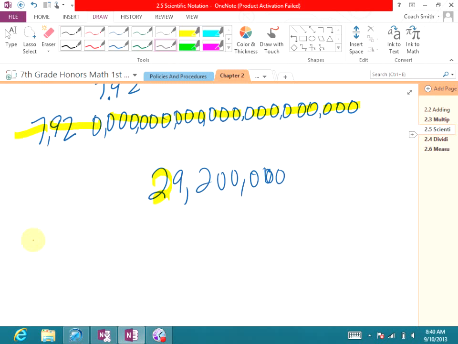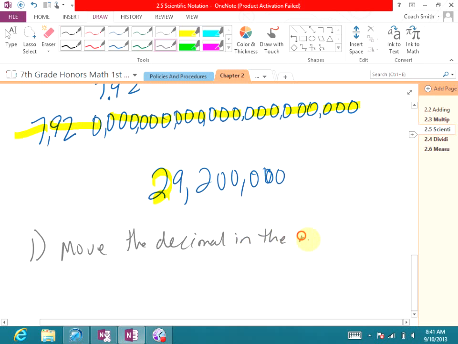Your first step to change it to scientific notation is move the decimal in the number between the first two digits.